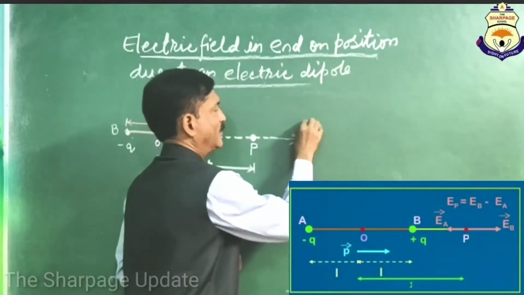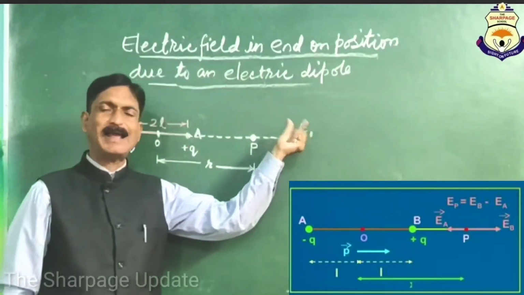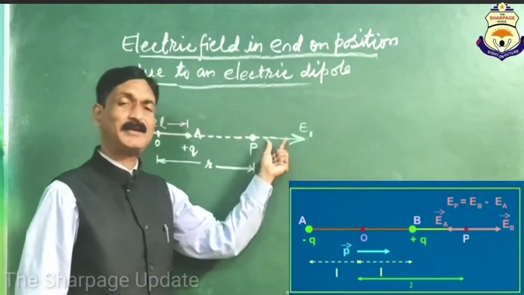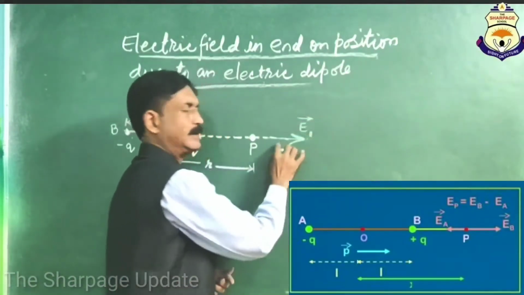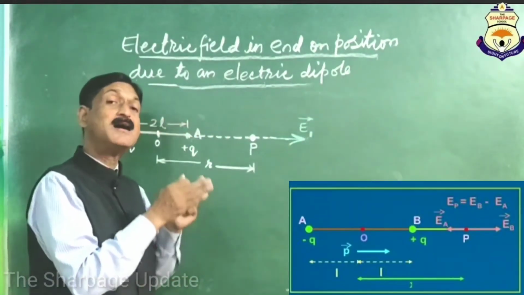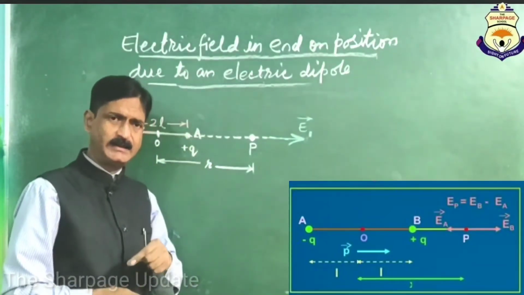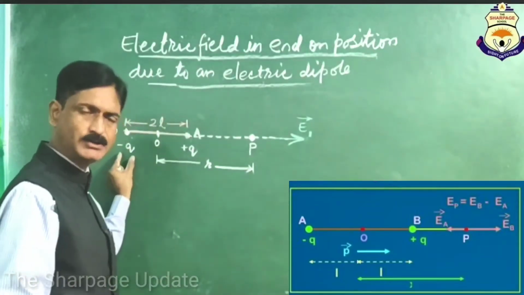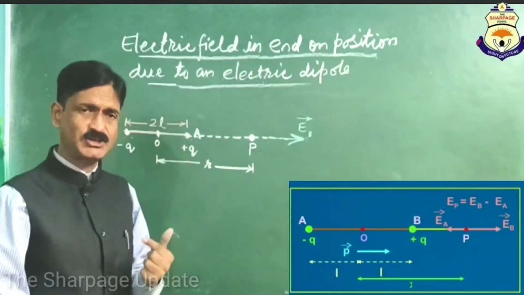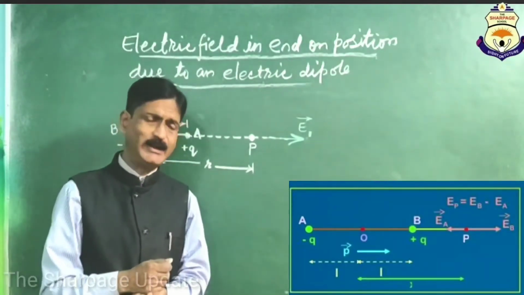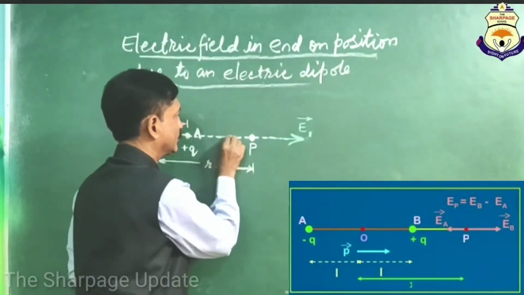Let the intensity of electric field due to the plus q charge be represented by E1, then the direction of electric field intensity due to the plus q charge will be in this direction, because there will be a repulsive force. And the electric field intensity due to the minus q charge is represented by E2, then the direction of intensity of electric field E2 due to the minus q charge will be in this direction.